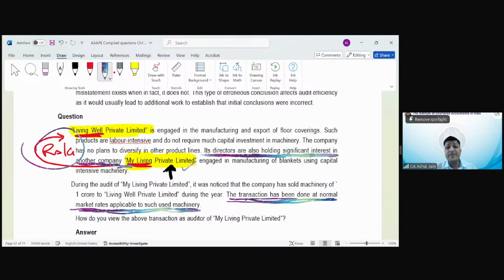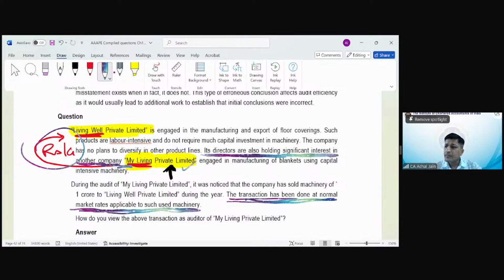So it seems there is a related party relationship between the two companies. Only when two companies are related would they want to help in this sort of manner. Unrelated parties, would they want to help? No, they would not want to help. Yes, please go ahead. I think you wanted to explain something.